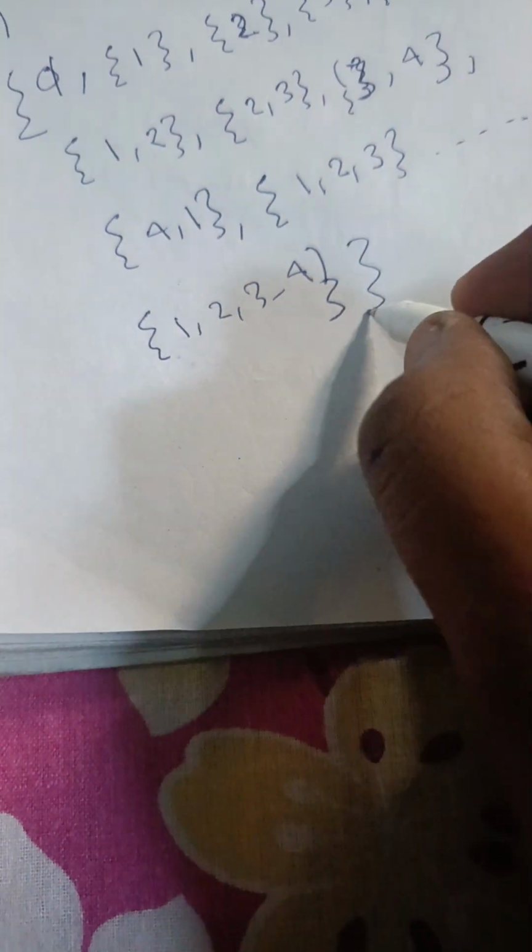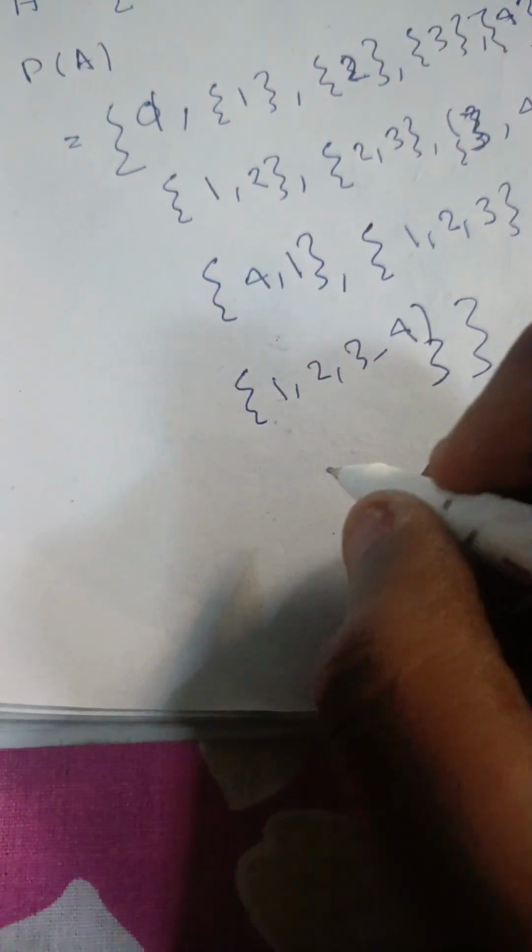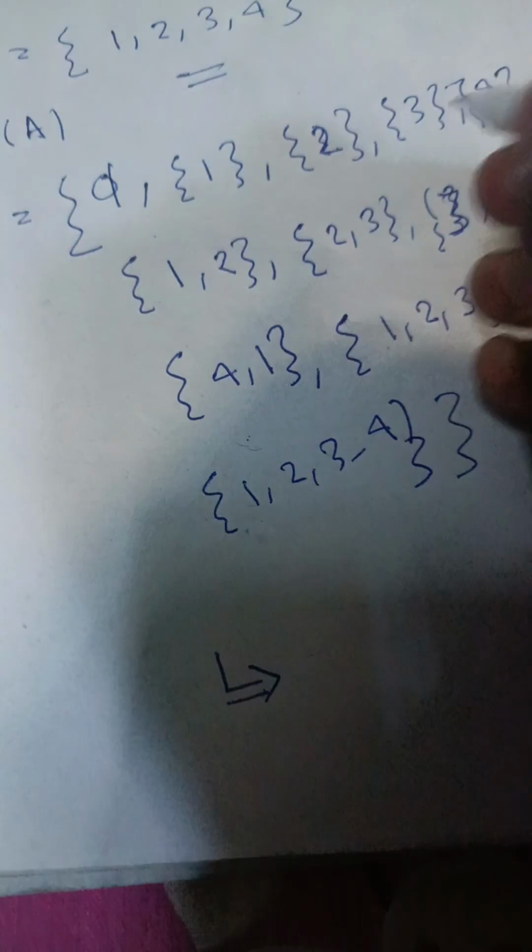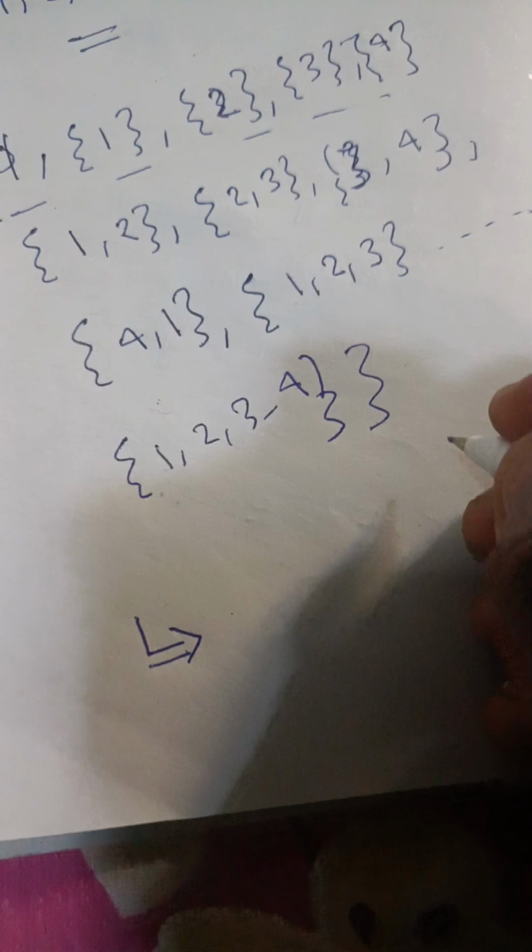In the examination, we will not be given a big set to write the power set of. If it is given, it should not be that big, because the question is how many elements there are in the power set. Here the number of elements is 1, 2, 3, 4, so it is too many, because we have to write all the combinations and then calculate.